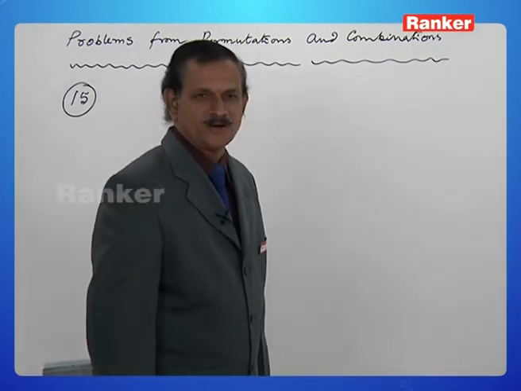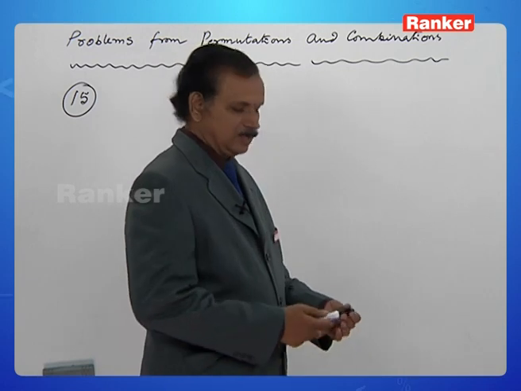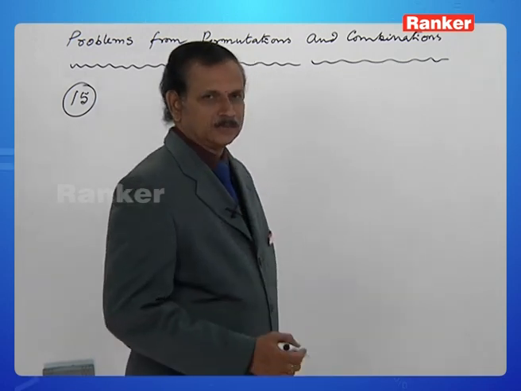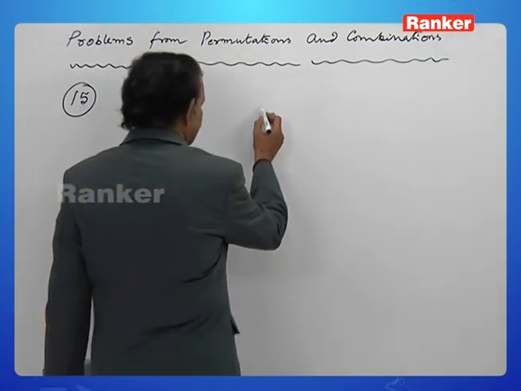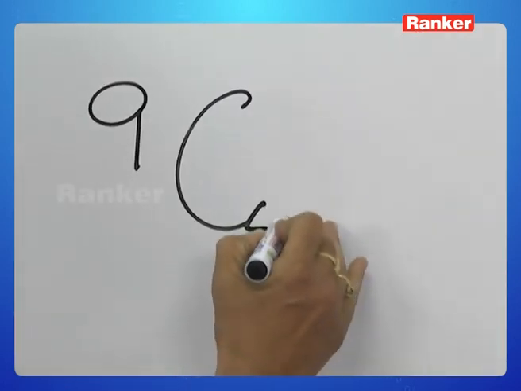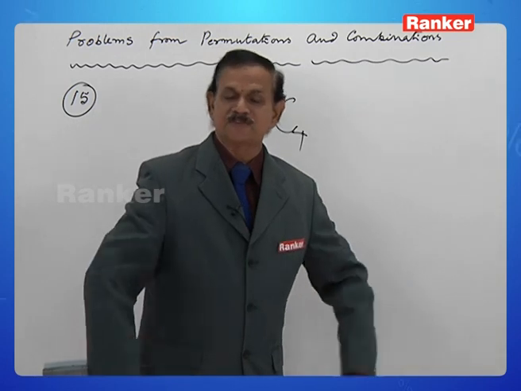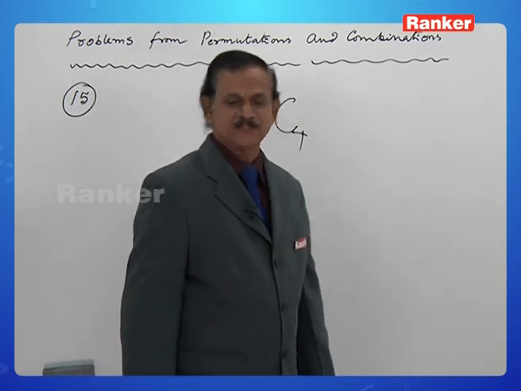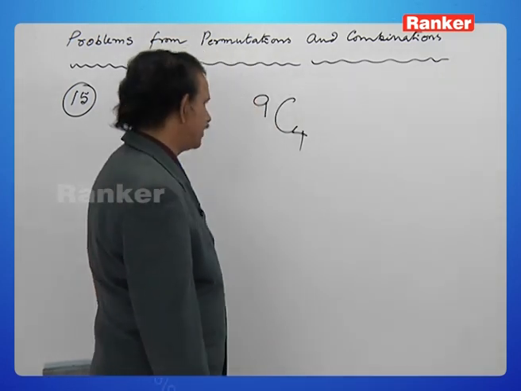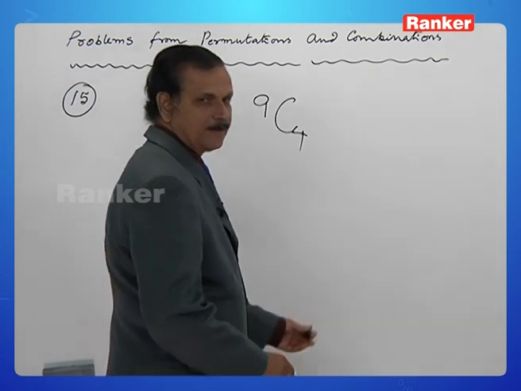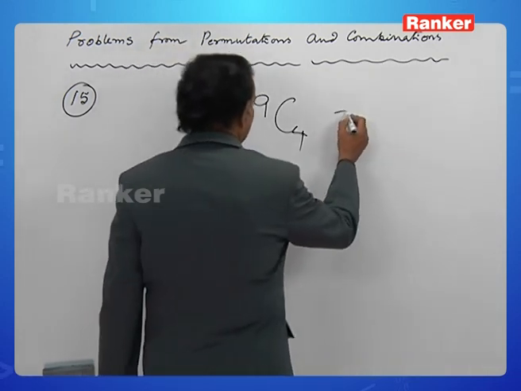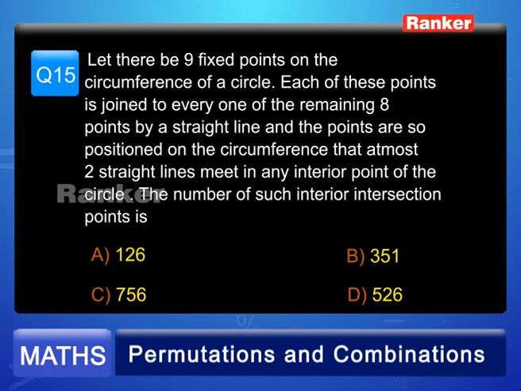They are interior points of the circle. Therefore, the total number of such points is just nothing but 9C4, because it is equal to the number of ways of selecting 4 points from the 9 points available. So it is 9C4, and if you calculate that, it becomes 126. Therefore, what is the right option? Option A is the right option.